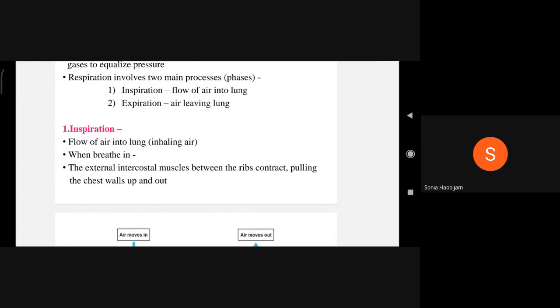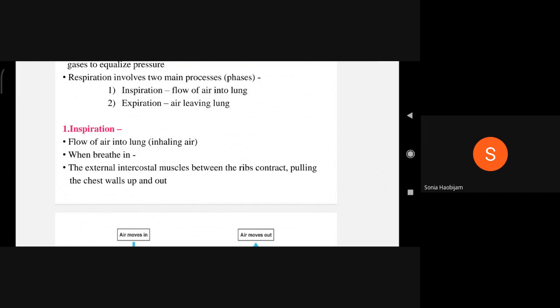The sternocleidomastoid in the neck. That muscle is also contracting. And our abdominal bulge is happening due to contraction of the diaphragm.